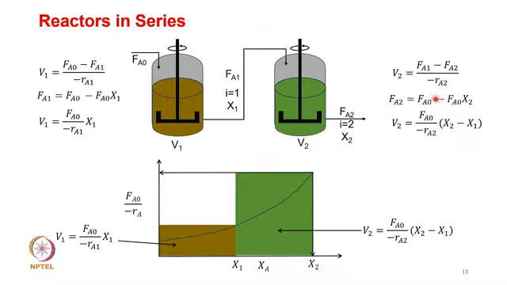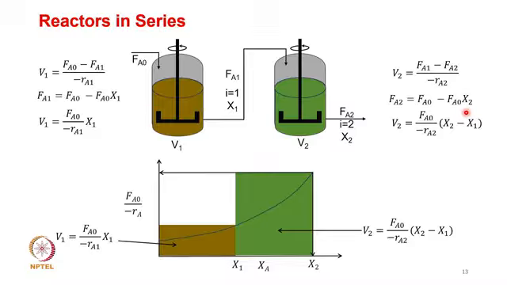When we replace FA2 with this expression and FA1 with this expression, we may see that the final expression of V2 would be FA0 divided by negative RA2 times X2 minus X1. Fine. So, we have our V2 over here.